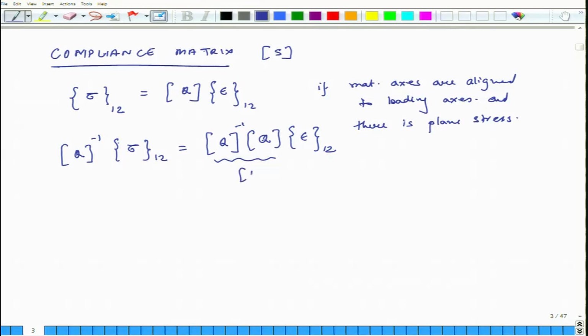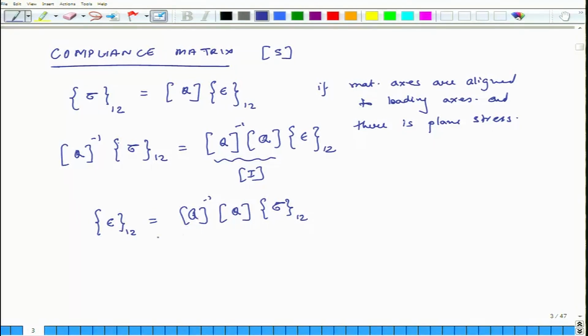So, this is a unity matrix, and if I multiply this by epsilon 12, I just end up with epsilon 12. So, I can express the strain as Q inverse times Q times sigma 12.